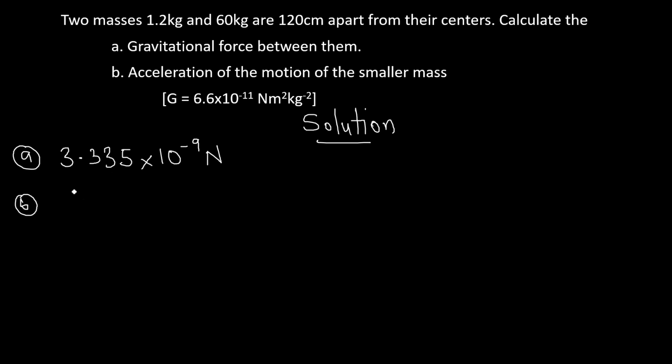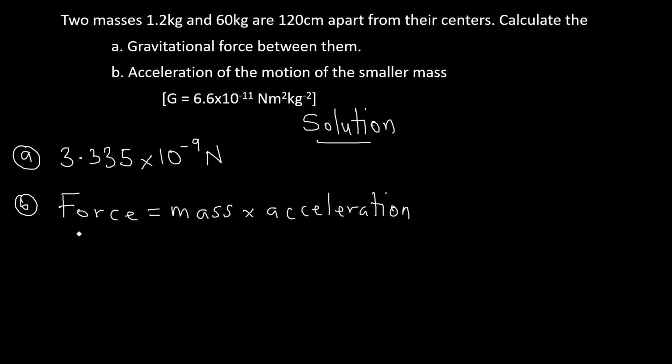In order to solve the second part of our question, we just move straight to using the formula for force. Generally, we know force is equal to mass times acceleration. That's the general formula for force. We've already solved for the gravitational force between the two masses, and it is common to both the smaller mass and the bigger mass.